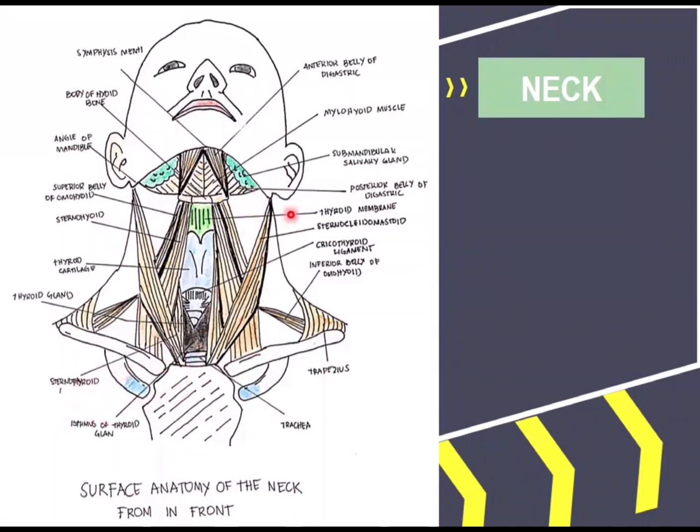The first rib, also including the trachea, thyroid cartilage, epiglottis, hyoid bone, mandible, ramus of mandible, mandibular notch, zygomatic arch, and the sphenoid bone. These are the parts of the general anatomy of the neck.